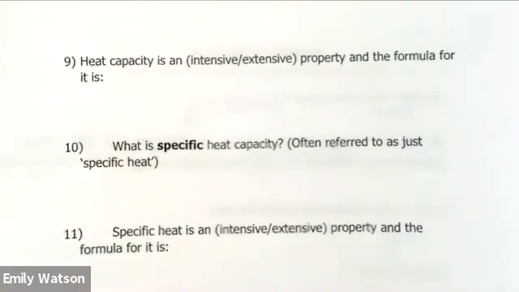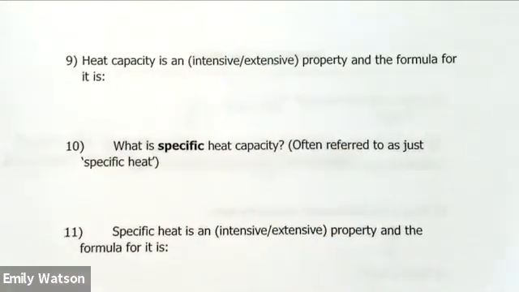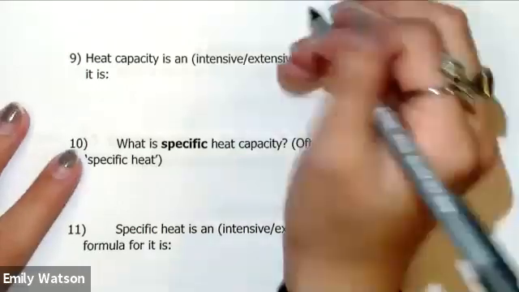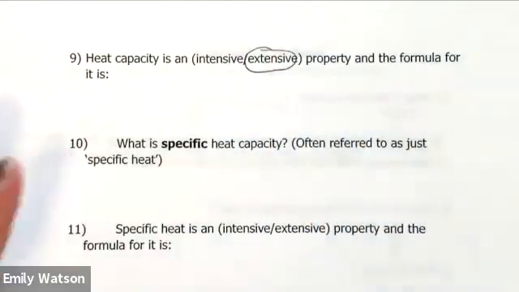So then number 9, is heat capacity an intensive or extensive property? Extensive. Yes, but we'll get to that. So heat capacity is an extensive property. What does it mean for a property to be extensive?